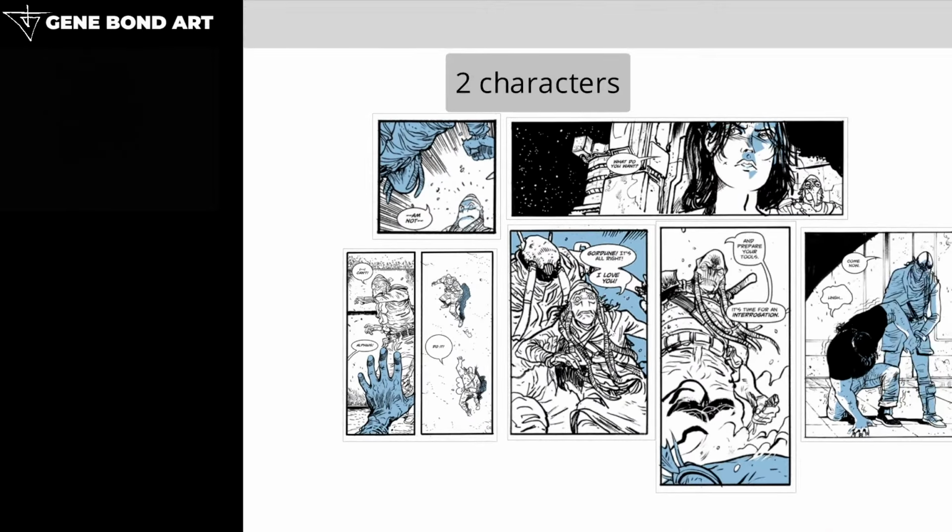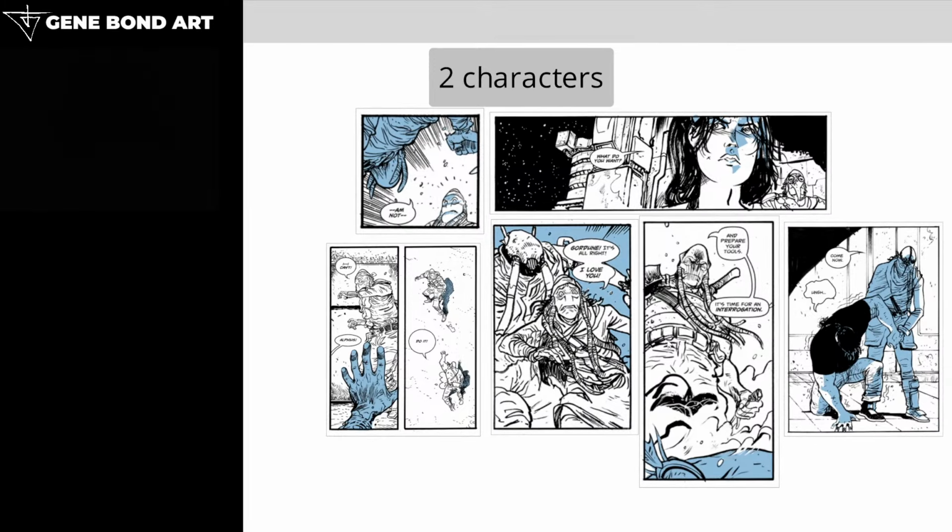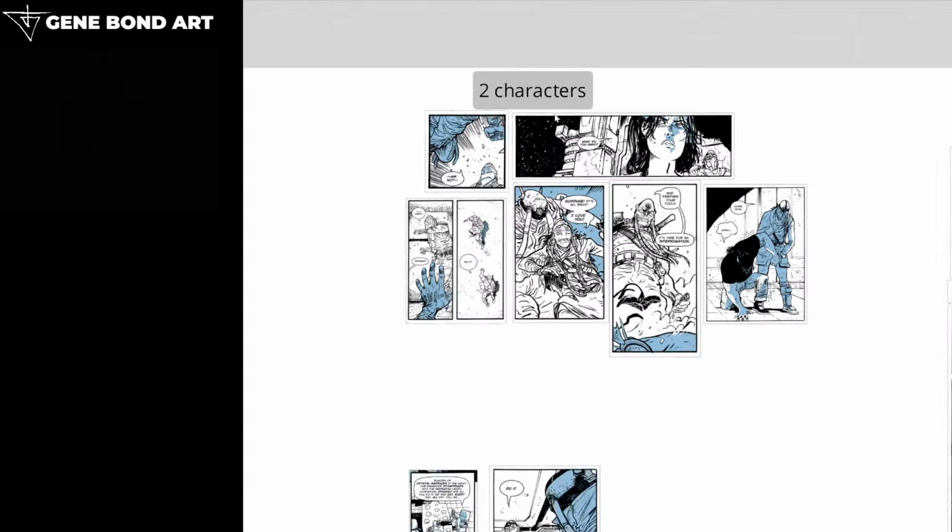If you study frame composition for drawing comic books, then I definitely recommend doing this with comic books. Just your favorite books, your favorite artist, and find all these kinds of compositions.